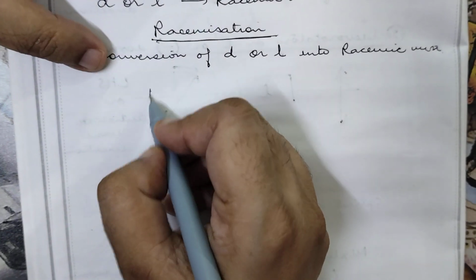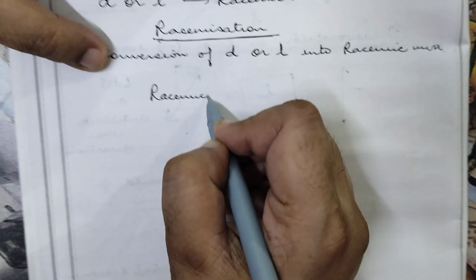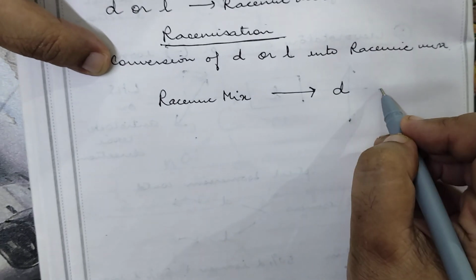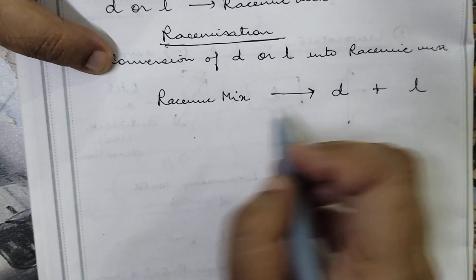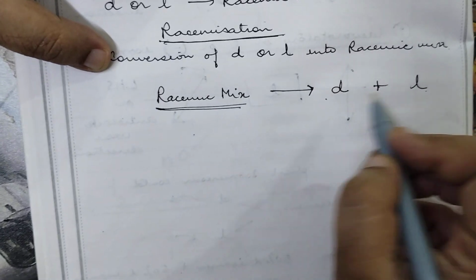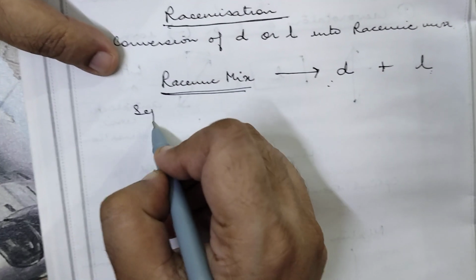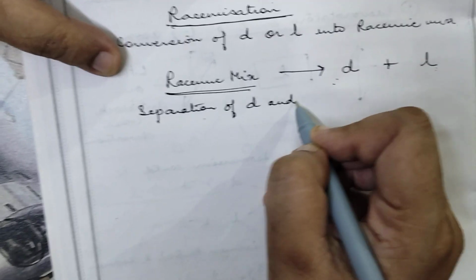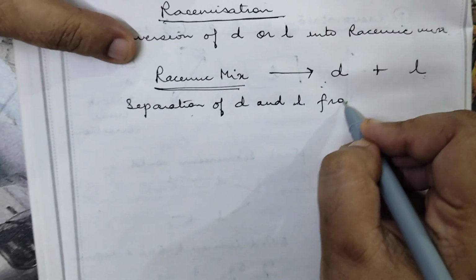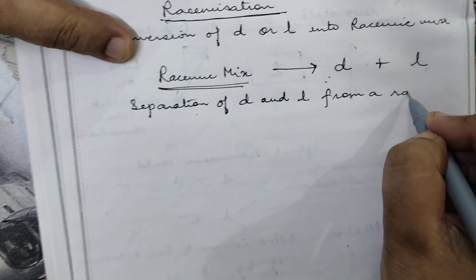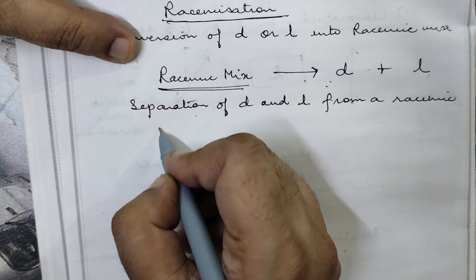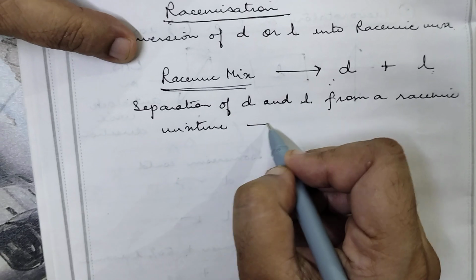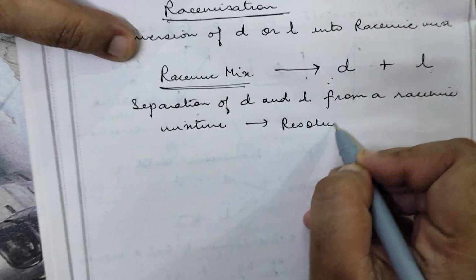And the reverse: if a racemic mixture is given to you and you are separating it into D and L. In a racemic mixture both are together; if you separate the two, that is the separation of D and L from a racemic mixture. So separation of D and L from a racemic mixture is called resolution.